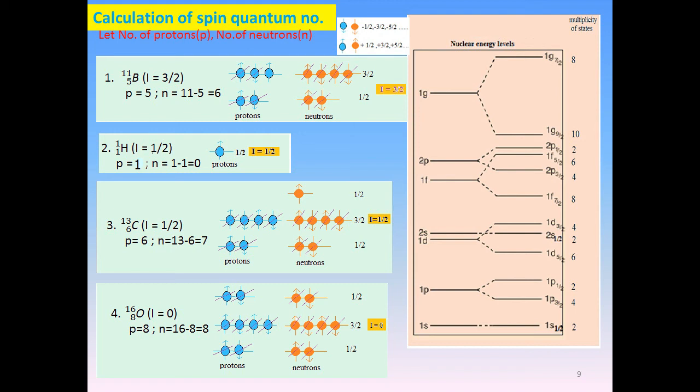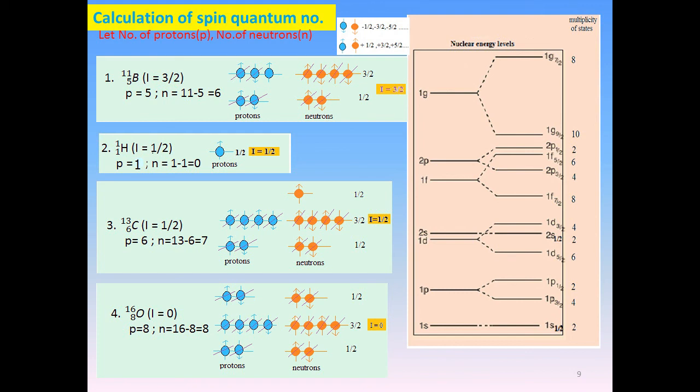Here we can see 5 protons are filled, 2 in the lower energy level and the next 3 in the higher energy state. Here the rules of the quantum numbers have to be followed. No two particles will have all 4 quantum numbers the same. Based on that, the 2 protons will be paired up in opposite directions. Next, the neutrons are also filled, 2 in the lower and 4 in the next level.